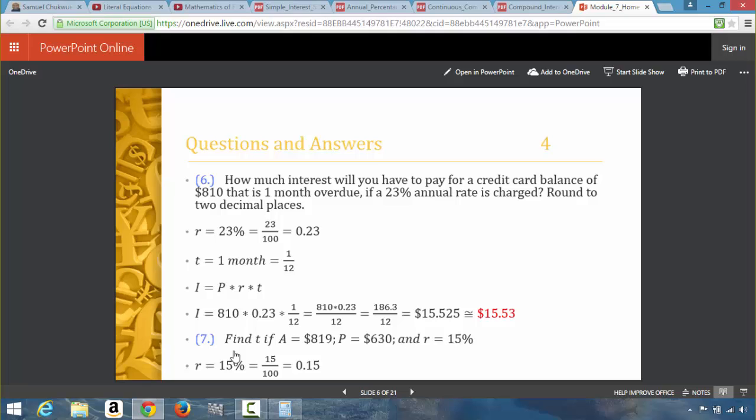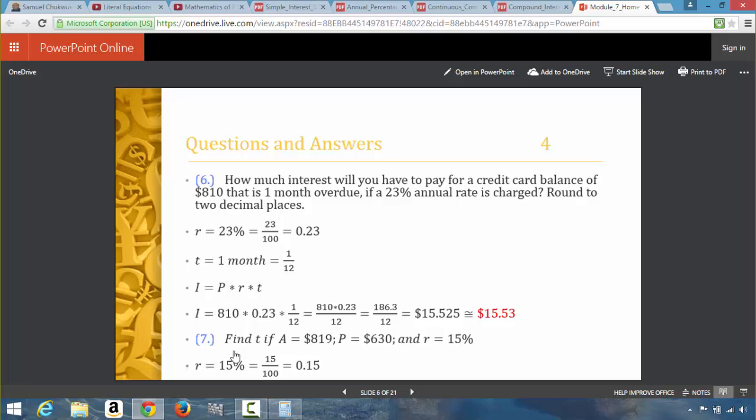So you solve for I. You solve for I, you have to convert this to 1 month to 1 out of 12. Okay, let me say this. This is important. When you know that you will have a repeating decimal, or if you will not have an exact decimal. An exact decimal is something like 0.23 or a terminating decimal.